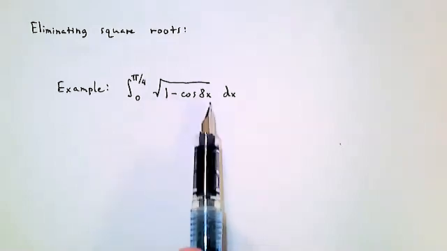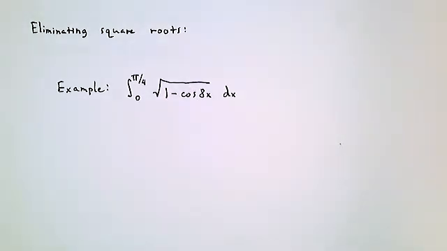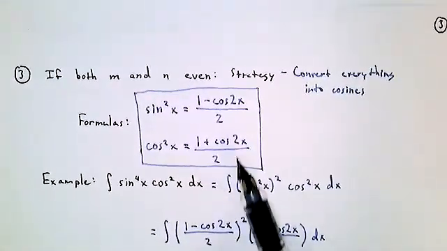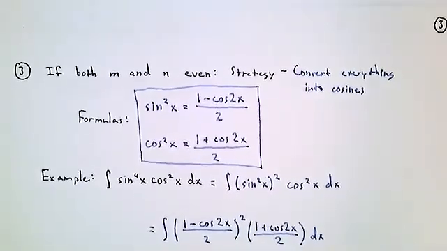And for this particular kind of problem, we're going to return to the same formulas that we used for even powers of sine and cosine, except we're going to rearrange them slightly.